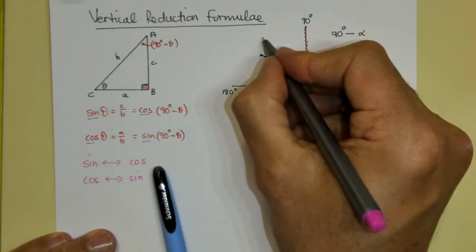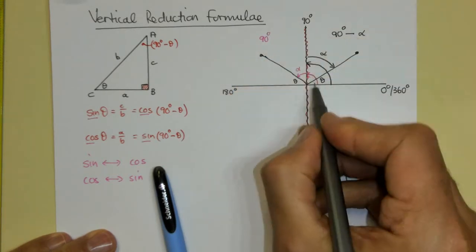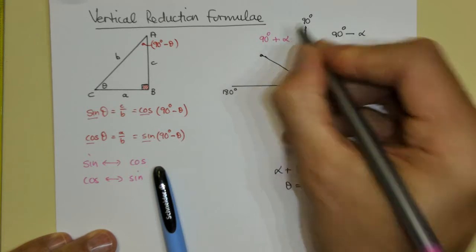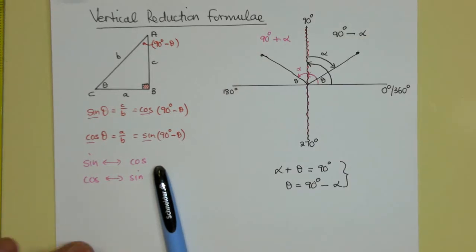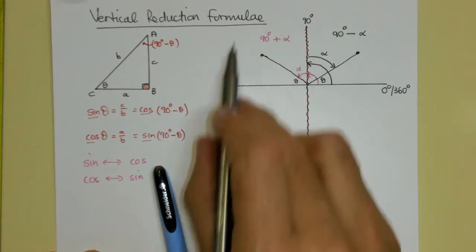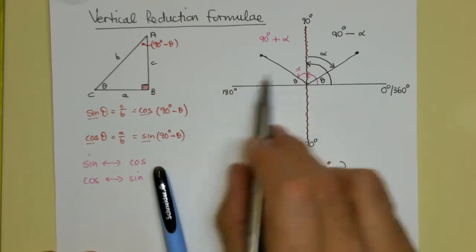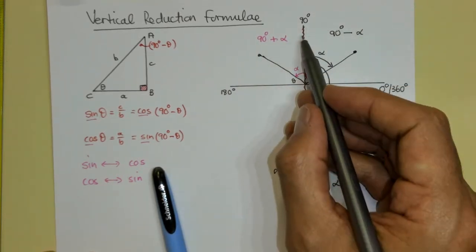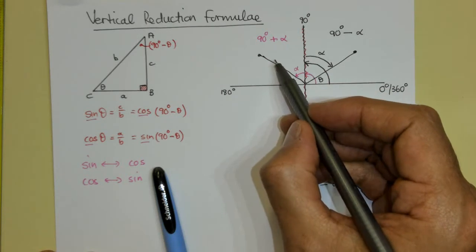So in this quadrant, I went clockwise to 90 and clockwise to alpha. I didn't change direction. So all angles in the second quadrant, expressed from that vertical line, are expressed as a bounce on from the 90.